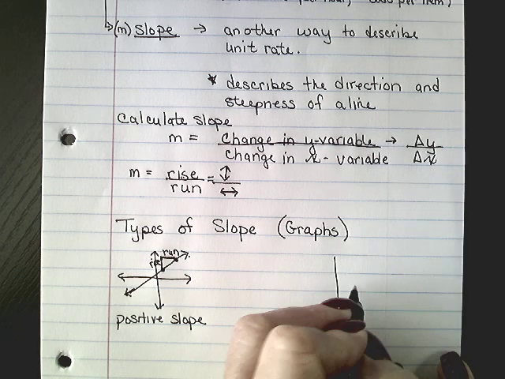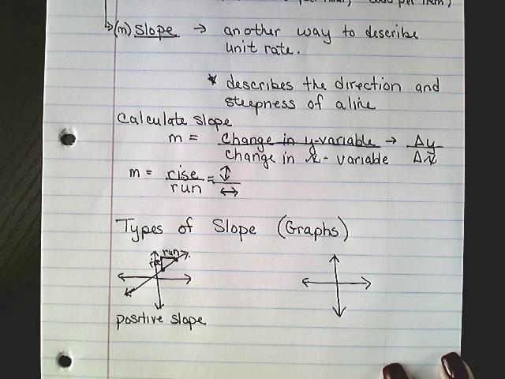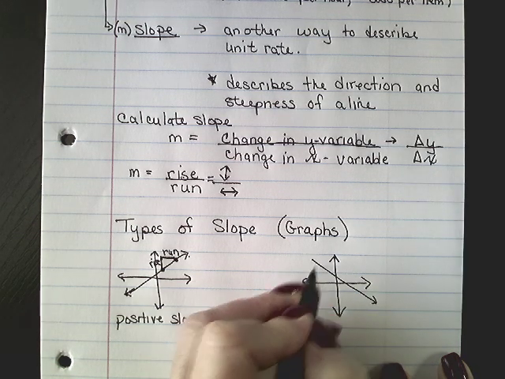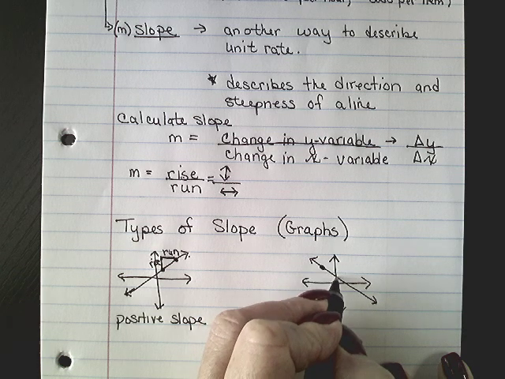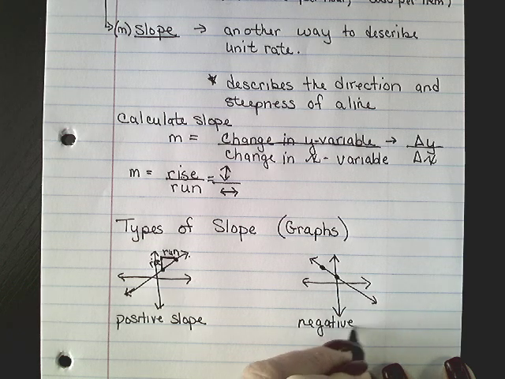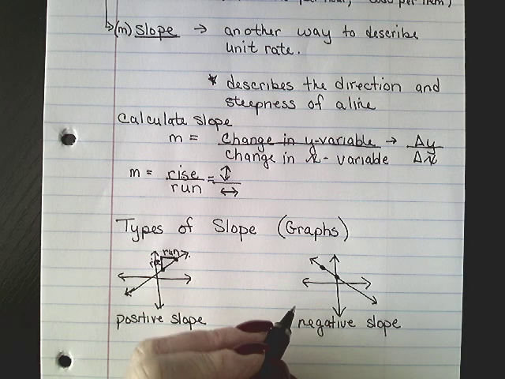Okay, second example. This one is a negative slope. This graph is falling down.